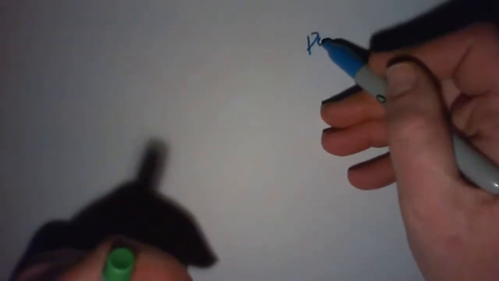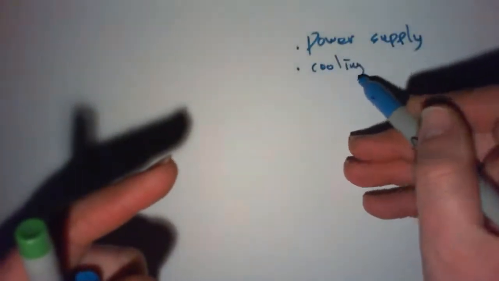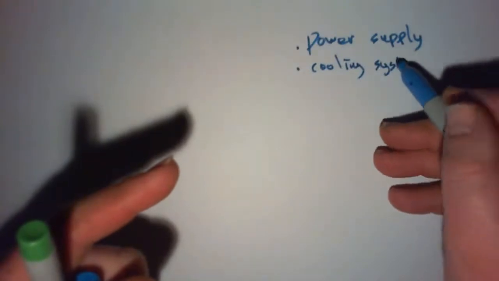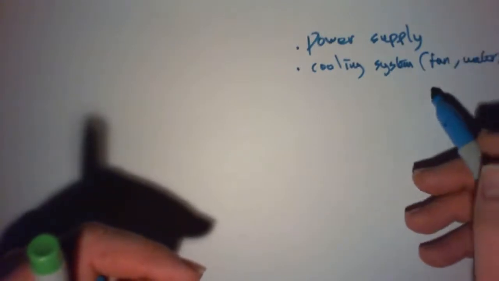With regards to computers in general, we've gone through a lot of the hardware, but most computers will have similar kinds of hardware systems. They'll have some type of power supply, either internally or externally. Okay, they'll have some type of cooling system, and that could be fan, water, heat sinks.